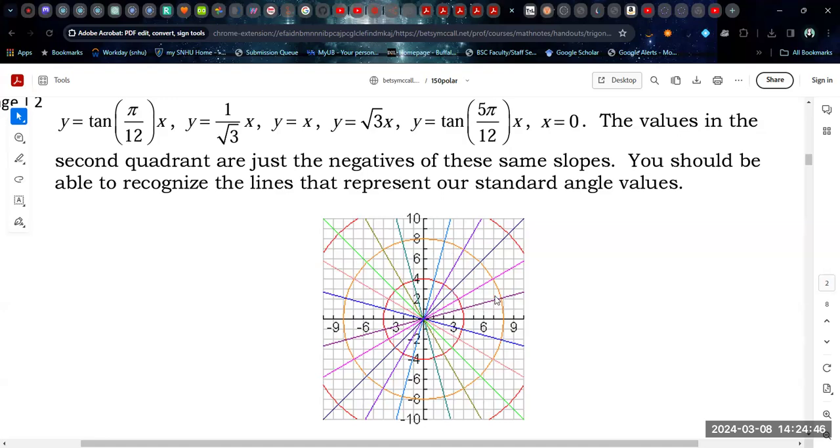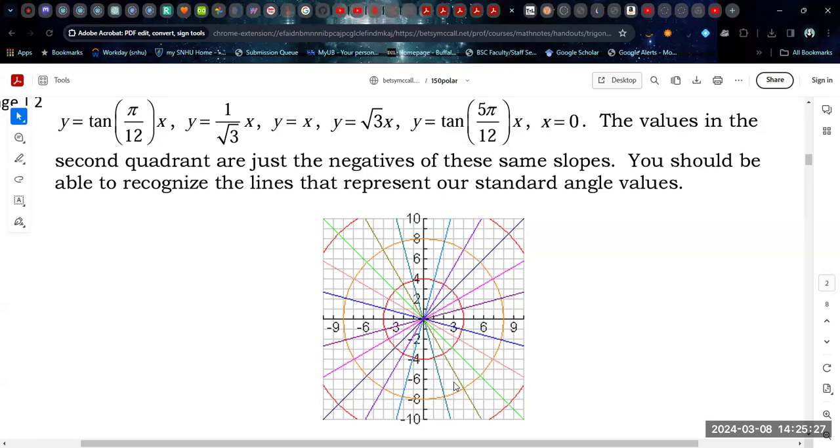And so these lines are going to break up our region. I've actually done them at multiples of pi over 12 because pi over 3 and pi over 4 and pi over 6 are all going to be multiples of pi over 12. So the 1 pi over 12 will not be a standard angle, but then 2 pi over 12 will be pi over 6, 3 pi over 12 will be pi over 4, 4 pi over 12 will be pi over 3, and then those are all standard angles, and then 5 pi over 12 will just divide that last section into a nice even group until we get to 6 pi over 12, which is pi over 2.